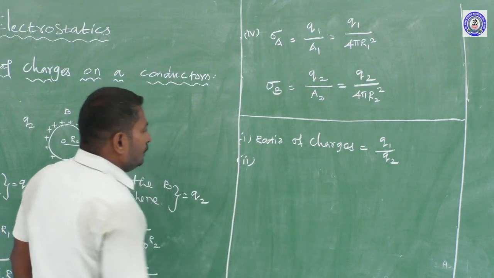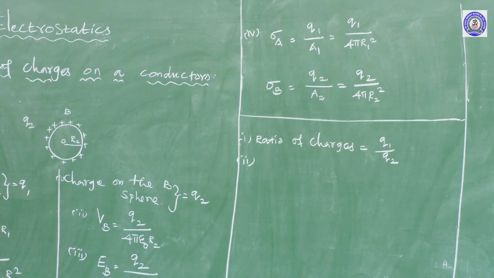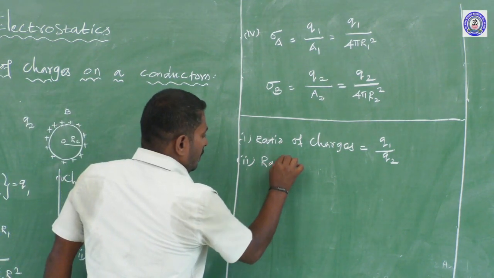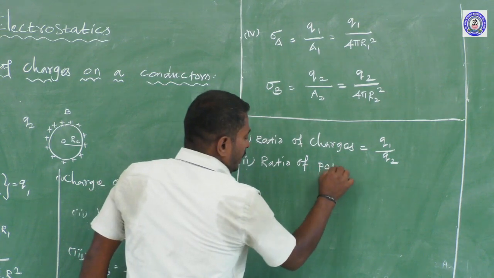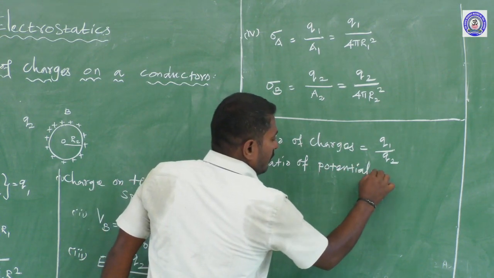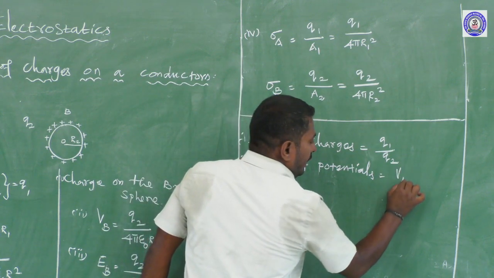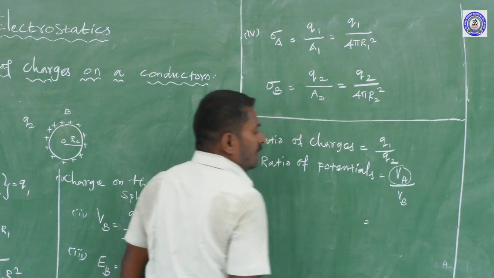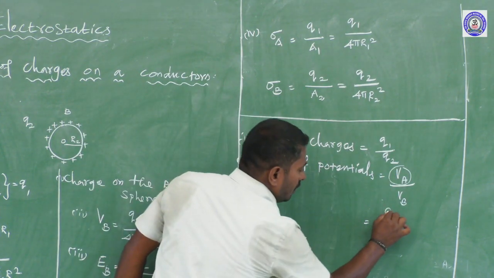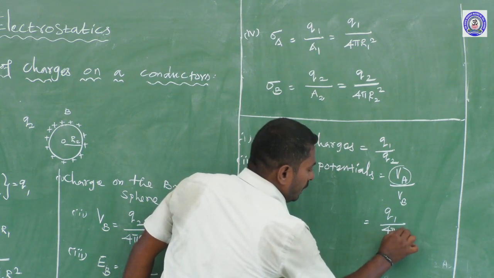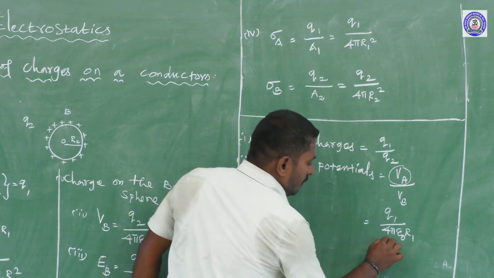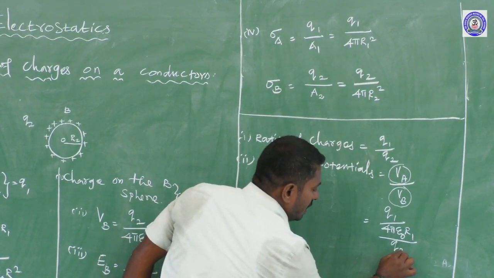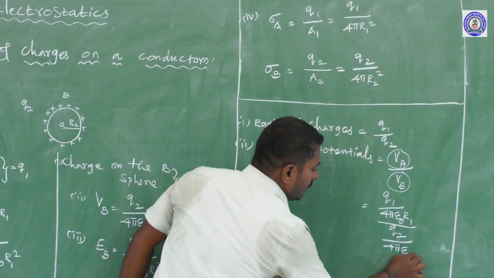Then the second one, ratio of potentials of the A sphere and B sphere. So VA divided by VB. Electrostatic potential at the surface of the A sphere is Q1 divided by 4 pi epsilon naught R1, divided by the electrostatic potential at the surface of the B metallic sphere, Q2 divided by 4 pi epsilon naught R2.